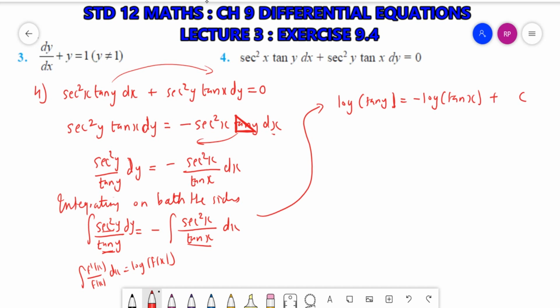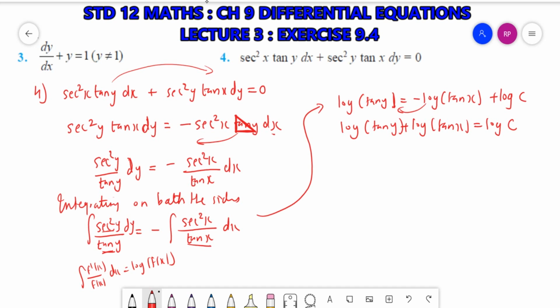Now instead of c I can also write down log c, because if c is constant, log c will also be constant. So now when log tan x goes on here, log tan y plus log tan x equal to log c.